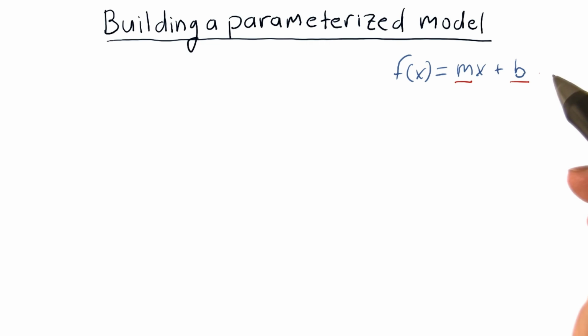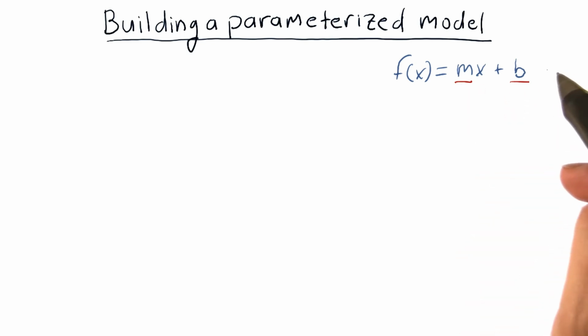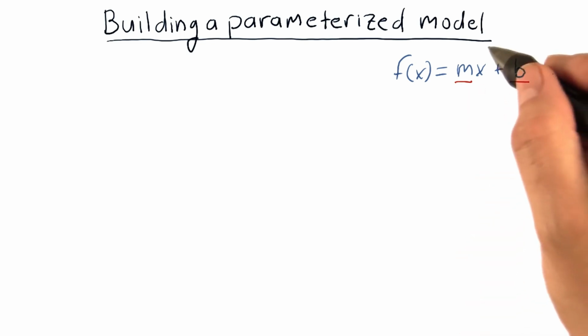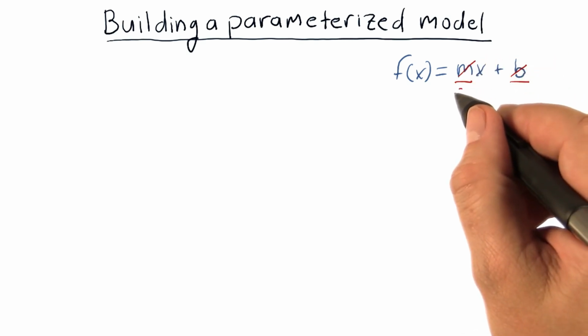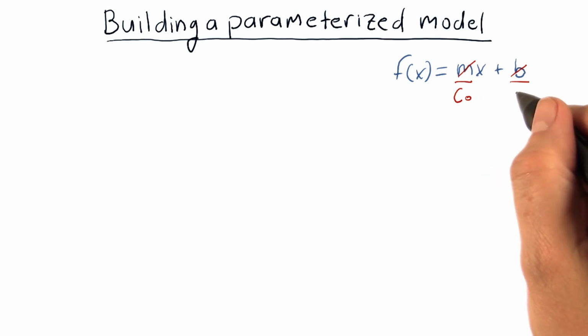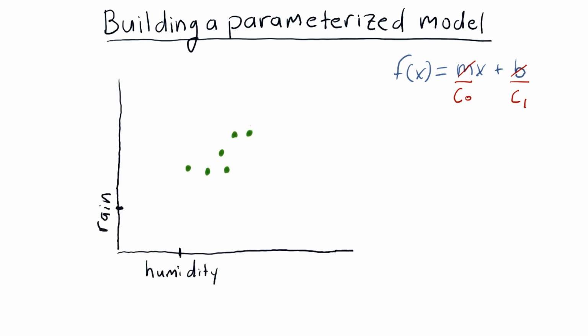In fact, as you're probably aware, this is the equation of a line. So m and b are the parameters of that line. Now for convenience in our code, instead of using m and b, I'm going to use c0 and c1 just to be consistent. Let me motivate this with an example.